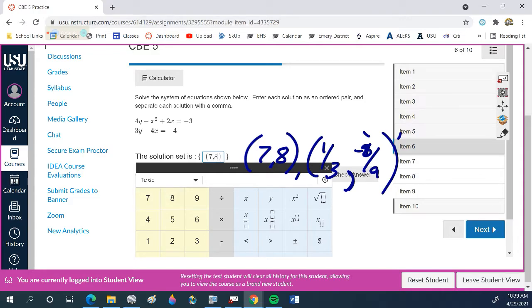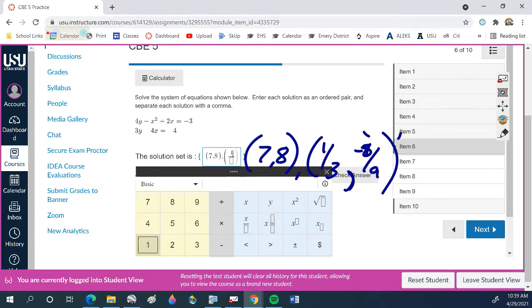7, 8, comma, and then I want to do 1/3, comma, negative 8 over 9.